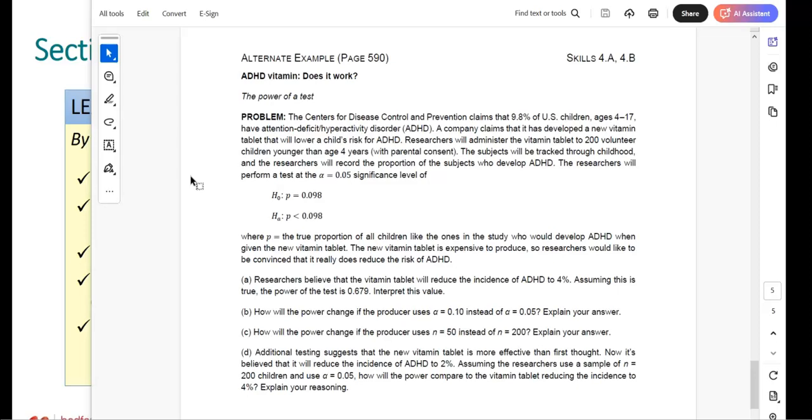Okay, so part A. Researchers believe that the vitamin tablet will reduce the incidence of ADHD to 4%. Assuming this is true, the power of the test is 67.9%.